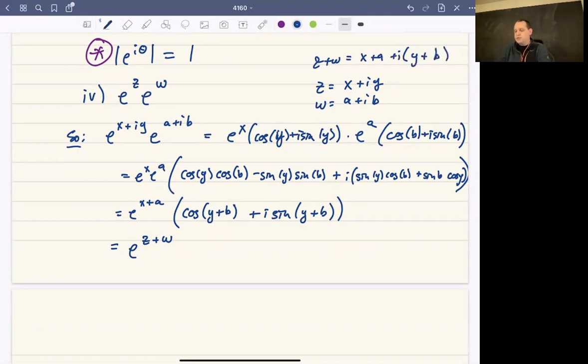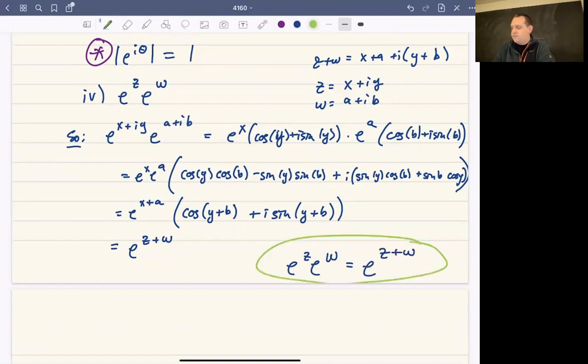And that's exactly what this is. So it turns out that complex exponentiation has many of the same properties that we want, like e to the z plus w. This has many of the same properties that we expect and that we have from the real version of this.